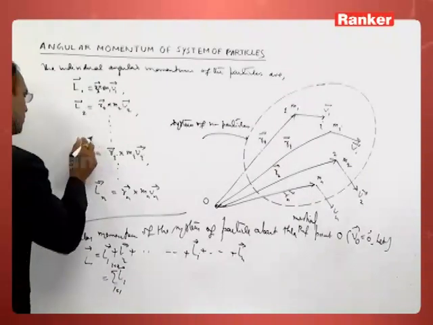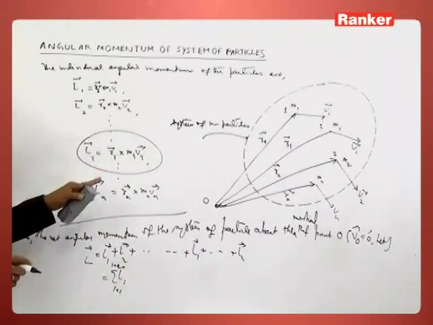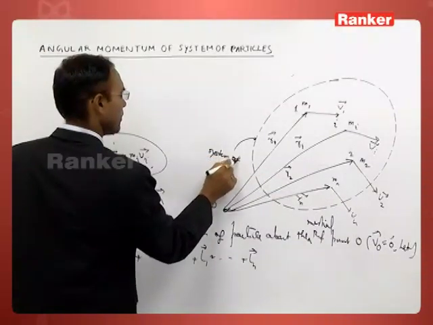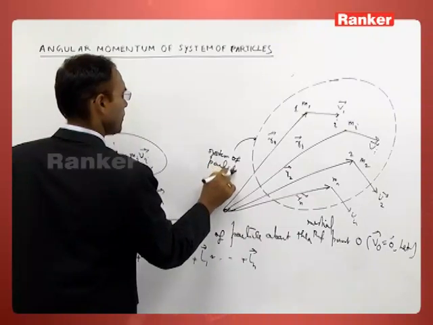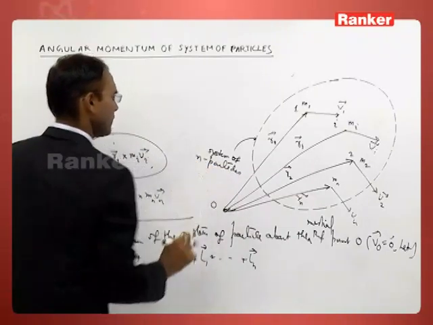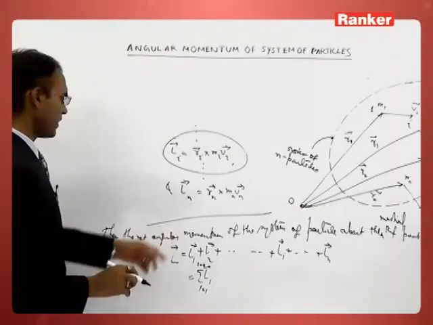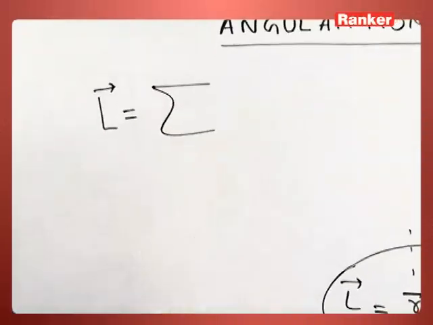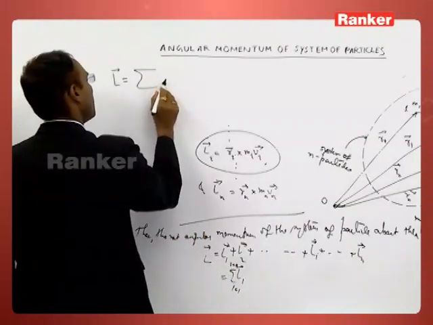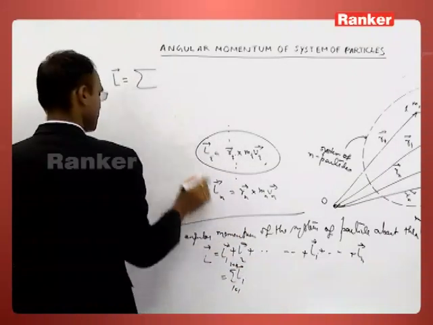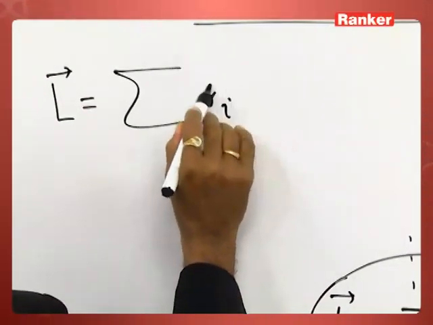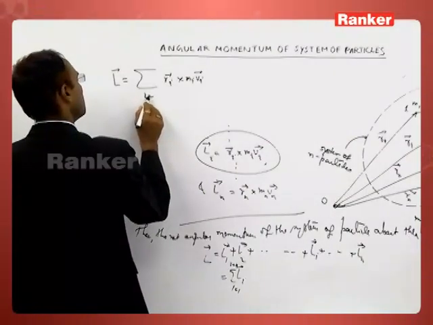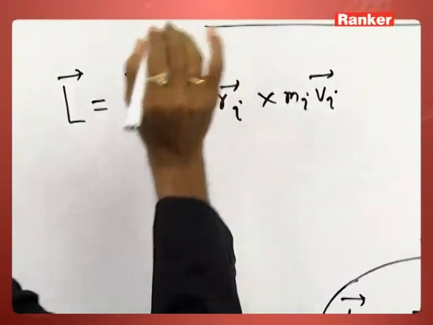Li is equal to ri cross mi vi. And the net angular momentum is L is equal to the sum of angular momentum of all particles, Li is equal to ri cross mi vi, i is equal to 1 to i is equal to n.